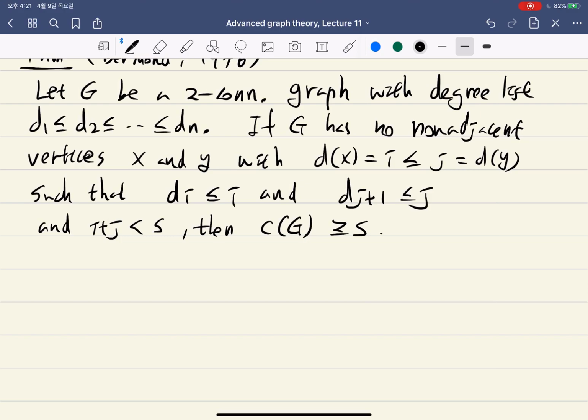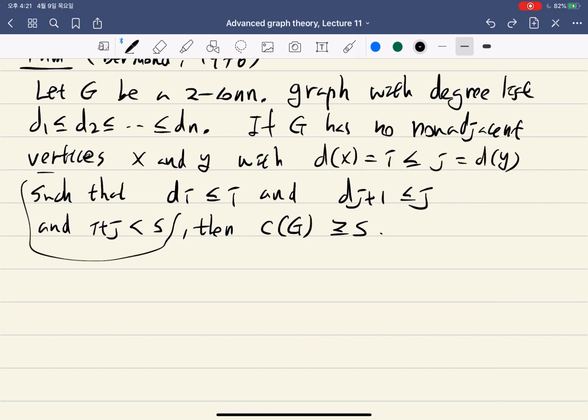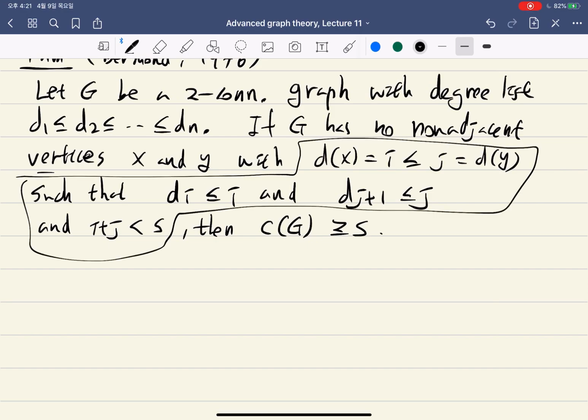If there are no non-adjacent vertices satisfying all this, then we get this.